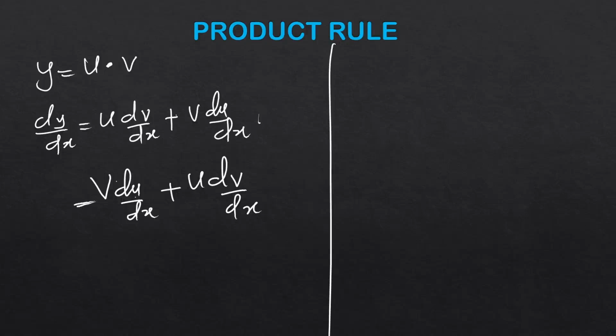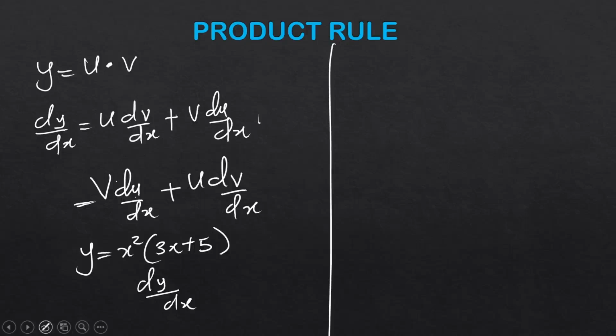Now, let's go with one simple example. If I have y is equal to x raised to the power 2 times the bracket 3x plus 5. Now, this is the function or expression you are given, and you are asked to find dy/dx. Alright, you see, it's very simple if you can pay a little more attention than before.